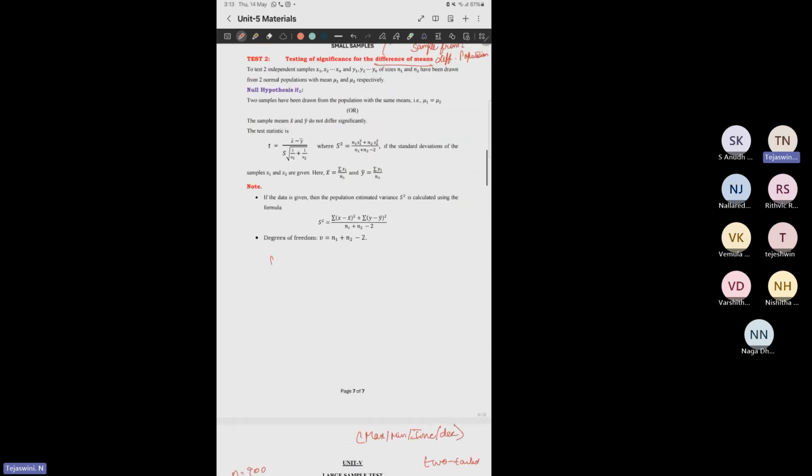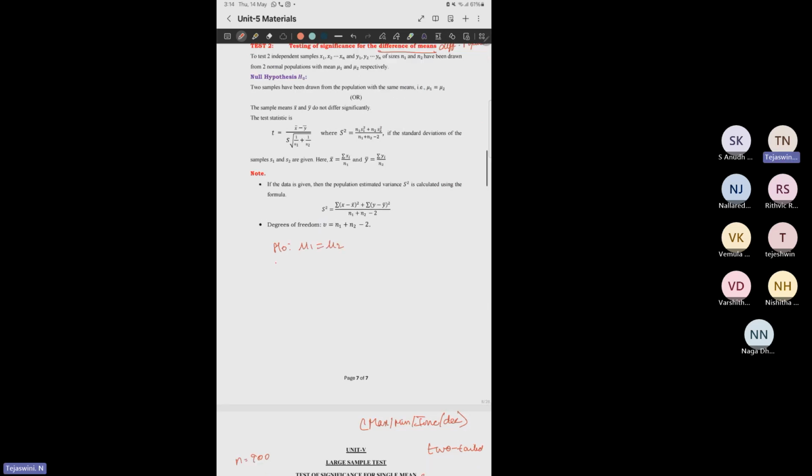Here the null hypothesis will be mu1 is equal to mu2. And then the alternative hypothesis can be mu1 is not equal to mu2, two-tailed. Mu1 is less than mu2, or mu1 is greater than mu2. These two will be one-tailed. Like we saw for large samples, this will be left-tailed and this will be right-tailed.